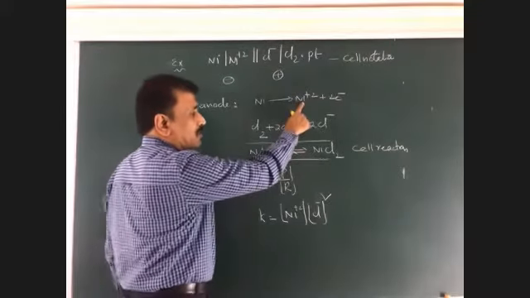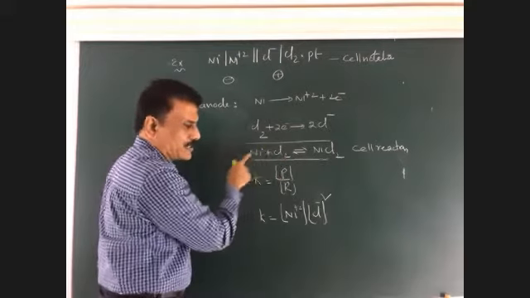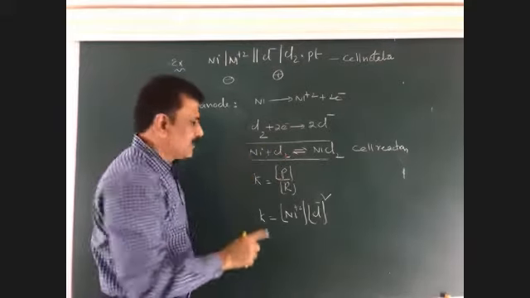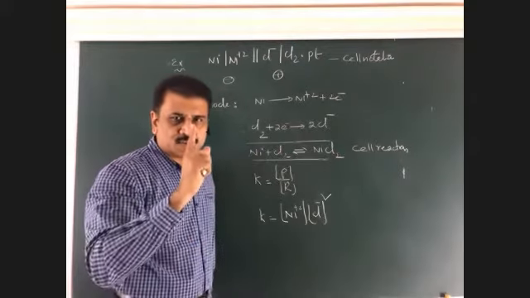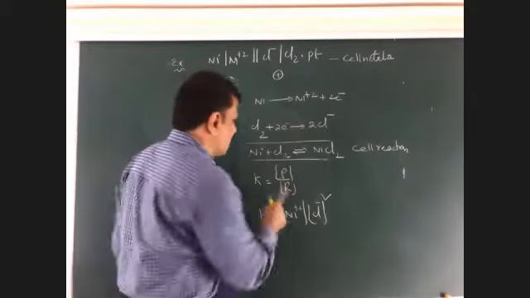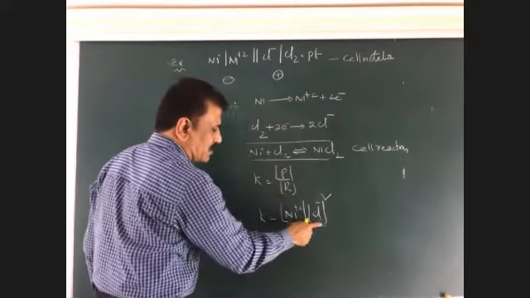Why? Because this is the products by reactants. But here I neglected these two terms. The reason for that is, these are elements. For elements, the concentration is always taken as unity. So there is no need to write the reactants Ni and Cl2. This is K.